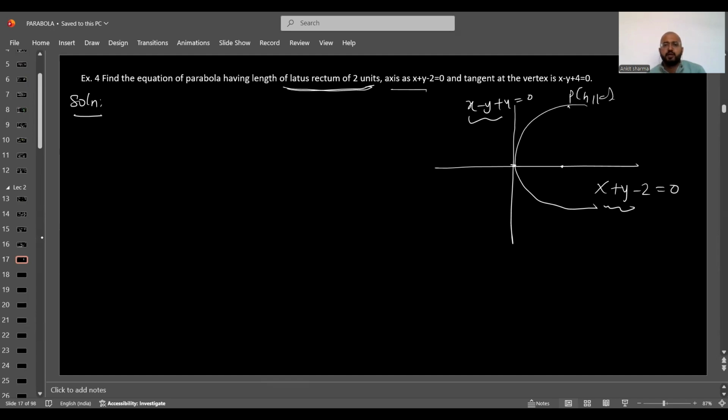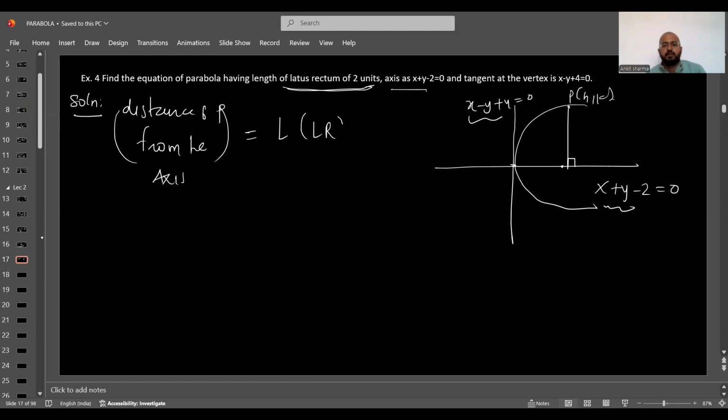Now I know the equation of parabola is what basically? The distance of point P from the axis is equal to length of latus rectum into distance of P from the tangent at the vertex.